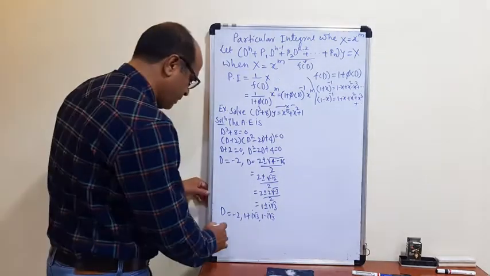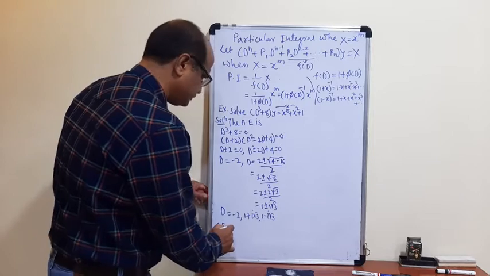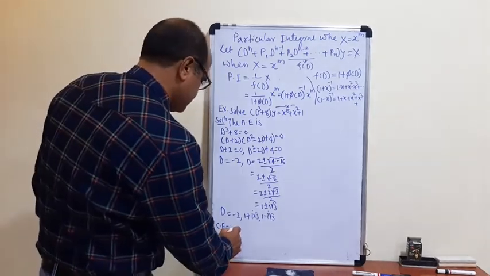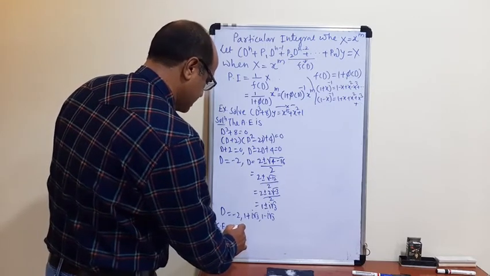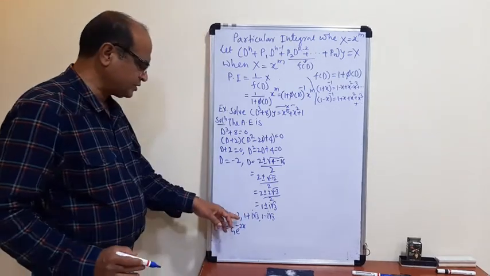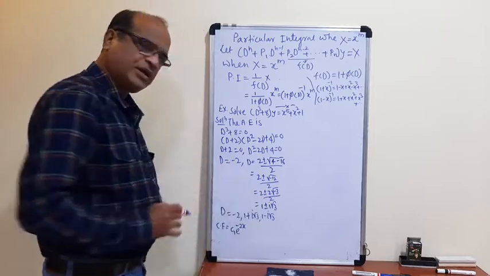So the complementary function CF is equal to C1 e raised to m1 x. So this is m1, m2, m3.